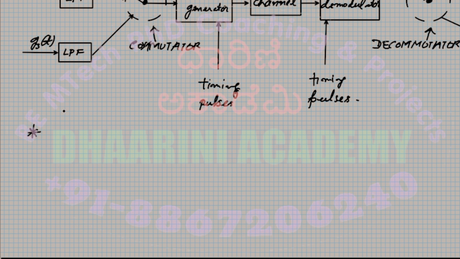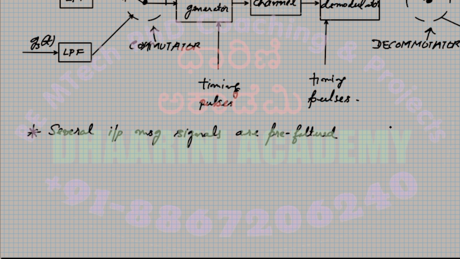So first we take up the several input message signals. In this case, only three, right? They are pre-filtered using the low pass filters, right?